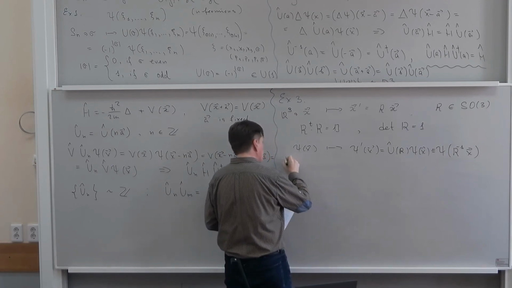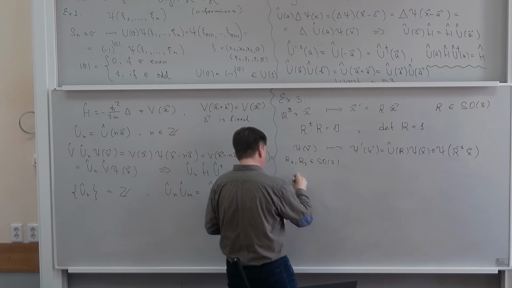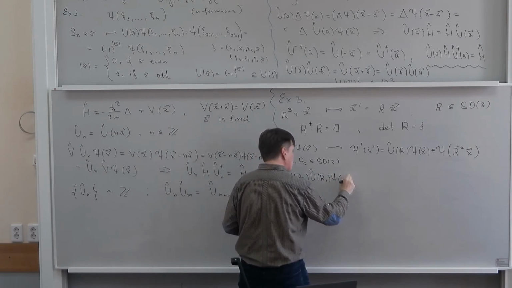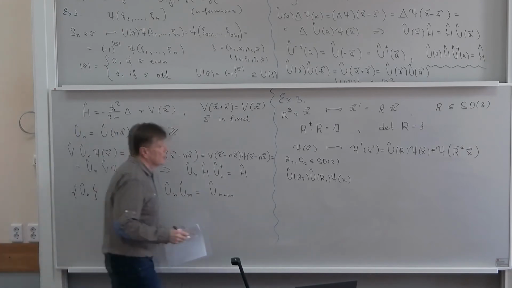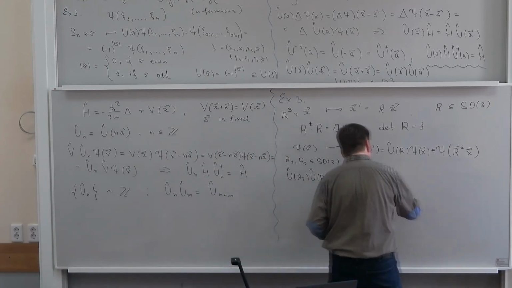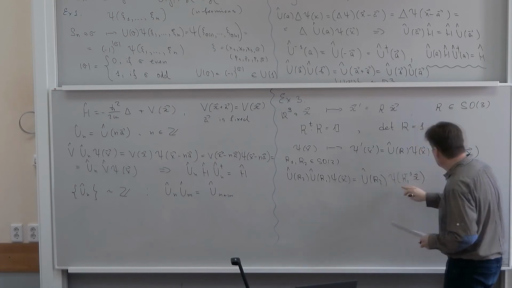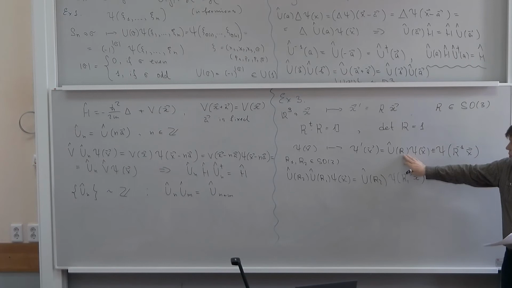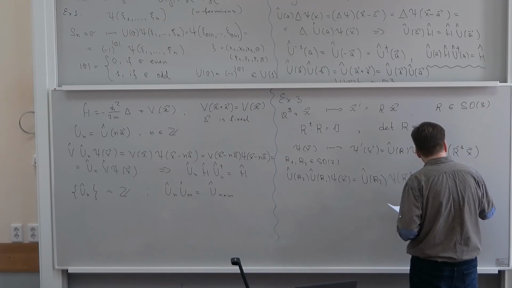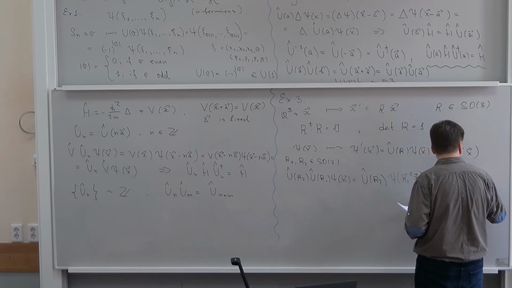So let us take some rotations R1, R2 from SO(3), and the composition of the corresponding unitary operators applied to the function psi gives us the following expression: U(R2) acting upon psi of R1 to the minus 1 power of x, just by definition of the operator U(R), and applying the second operator U, we get psi of R2 to the minus 1, R1 to the minus 1, x.